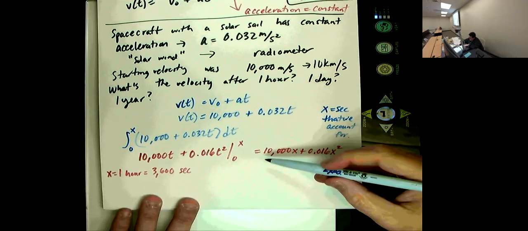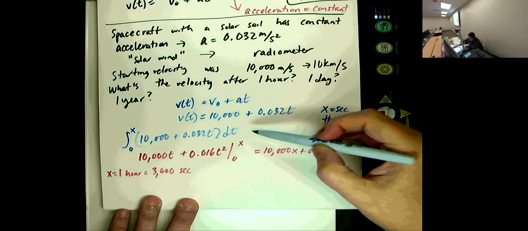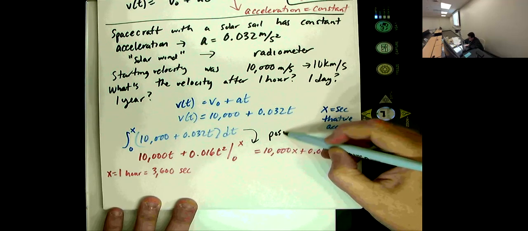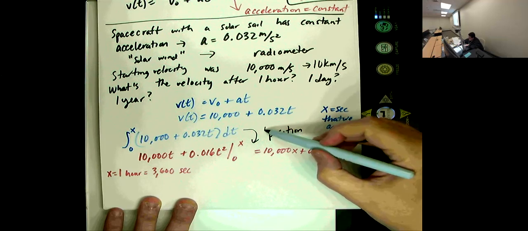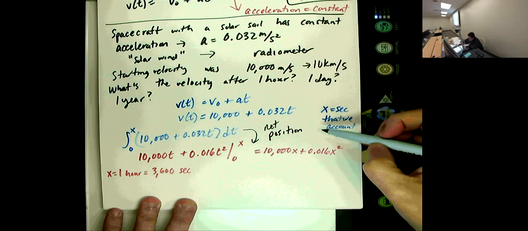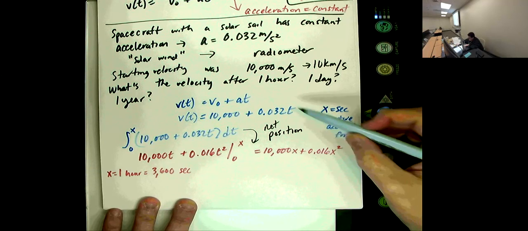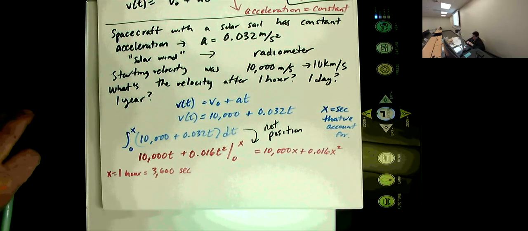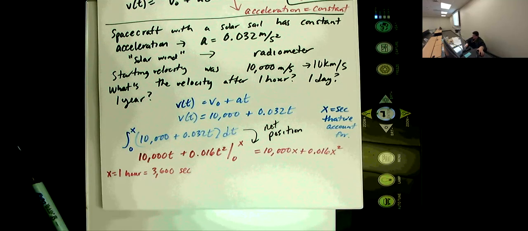This is what I did here. It gives us position. How much has the position changed? We can do the velocity thing in a second, since I already have position out.